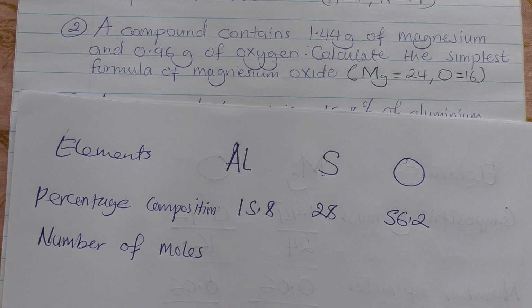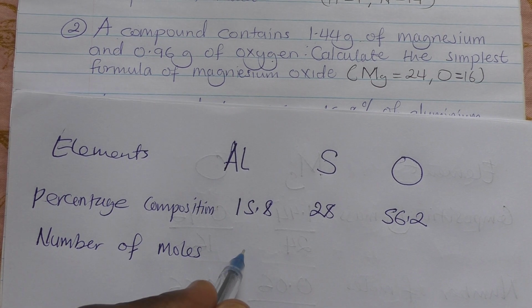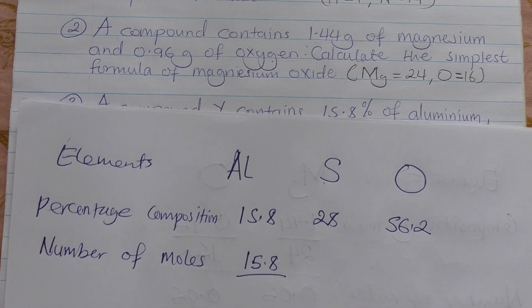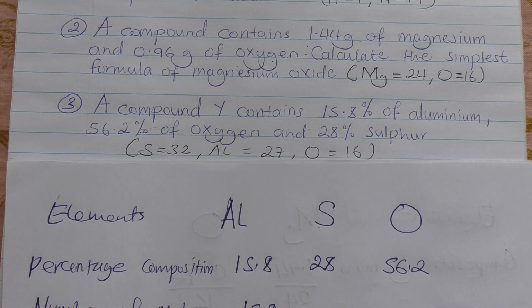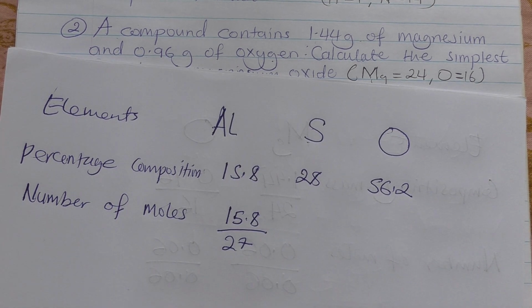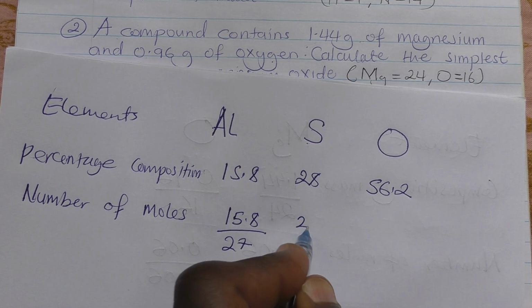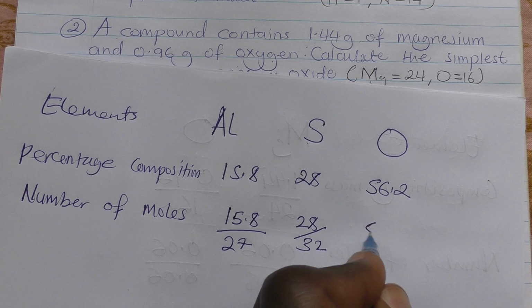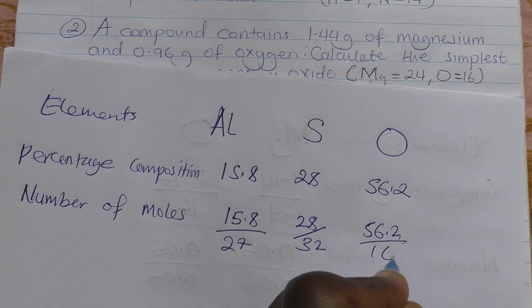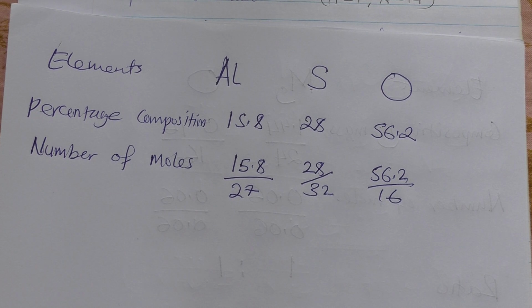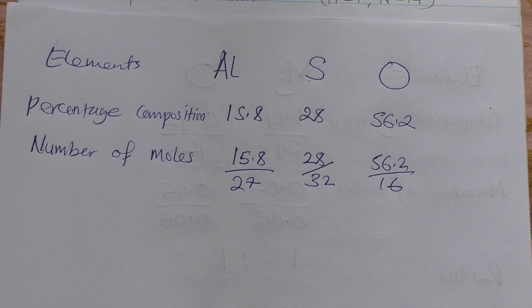Number of moles is gotten by dividing the percentage composition by the atomic mass. The atomic mass of aluminium is 27, sulfur is 32, and oxygen is 16. So that gives us the number of moles of each element in the compound.